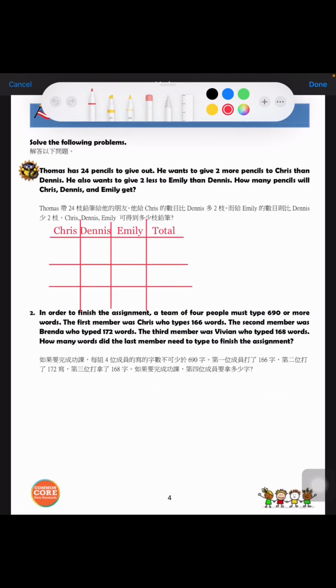Let's move on to the next question on page 4. Thomas has 24 pencils to give out. He wants to give 2 more pencils to Chris than Dennis. He also wants to give 2 fewer to Emily than Dennis.